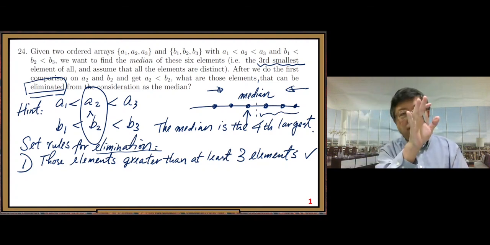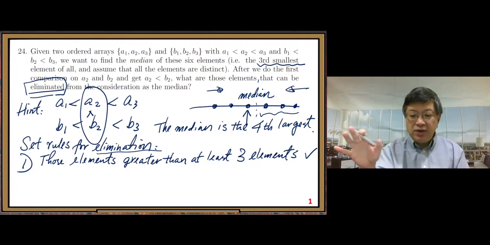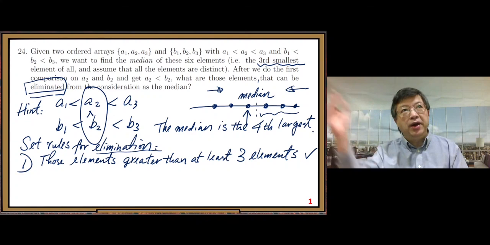If you can determine some elements that are greater than at least 3 elements, they should be eliminated.